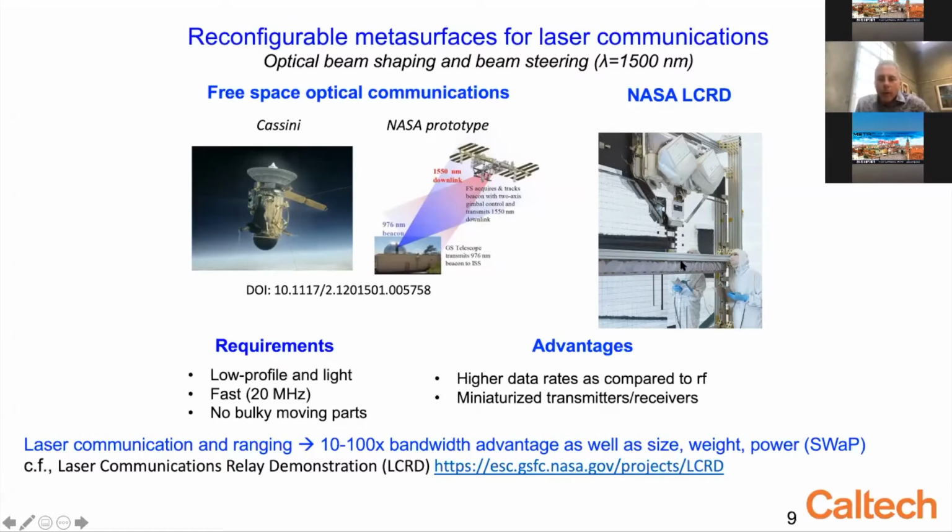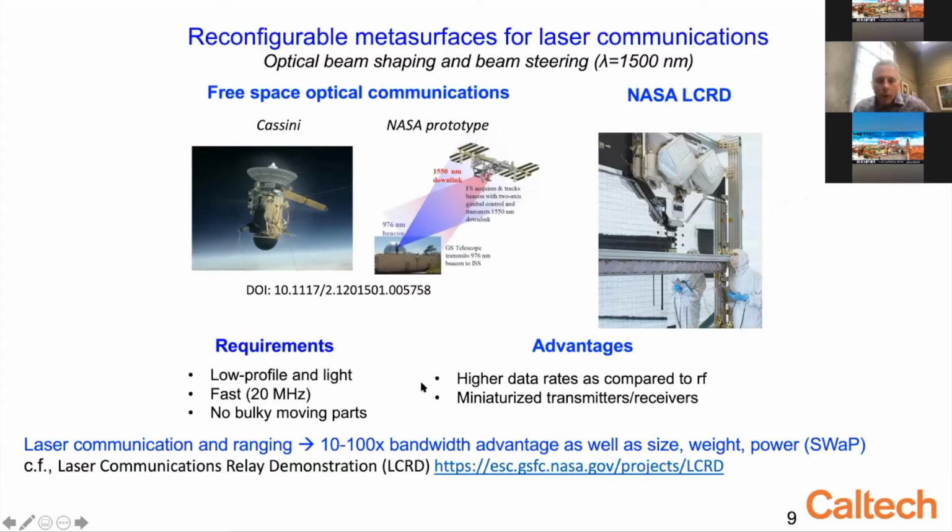This, at the moment, is a structure that basically involves mounting conventional optics on mechanical gimbals and then simply mechanically manipulating and steering beams. Of course, what we'd like to do is to use metasurfaces which have the capability to be low profile and light with no moving parts, and which have demonstrated capability for sufficiently fast modulation speeds to create a phased array aperture at optical frequencies that could steer the beam and produce higher data rates and much more compact receivers.